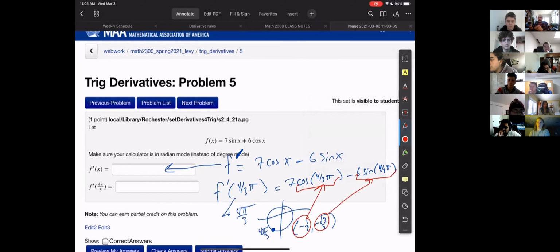When you have a problem like this, or there's lots of problems, especially in the derivatives, where you're plugging numbers into trig functions or exponentials or logs or whatever, and you're going to get some decimal. Don't plug that into your calculator and try to enter in decimal points, because you might not have the right number of decimal points. One of the frustrating things about web work is it oftentimes requires some unknown amount. And so the best thing to do is just avoid that by just entering the number in as itself.